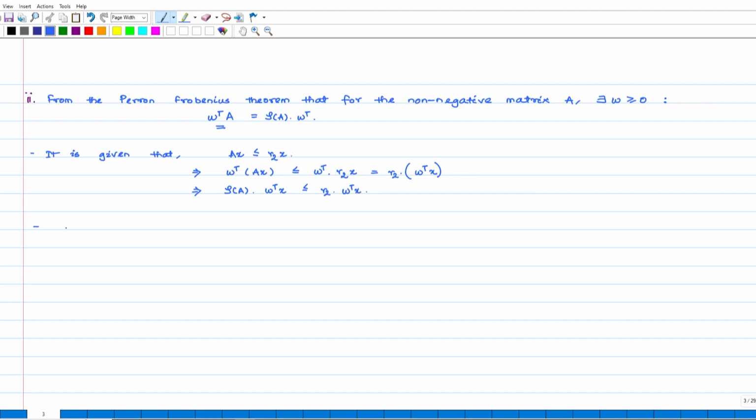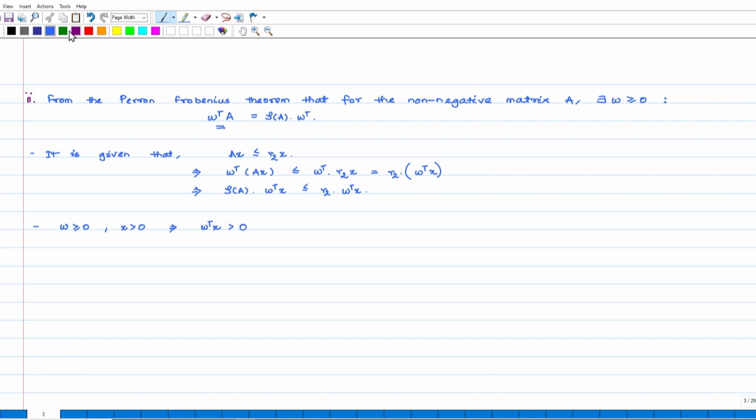Now, what do we know about W transpose x? We know that W is greater than or equal to 0, and we know that x is strictly greater than 0. This implies that whenever we do this operation of W transpose x, we get a scalar which is strictly greater than 0.